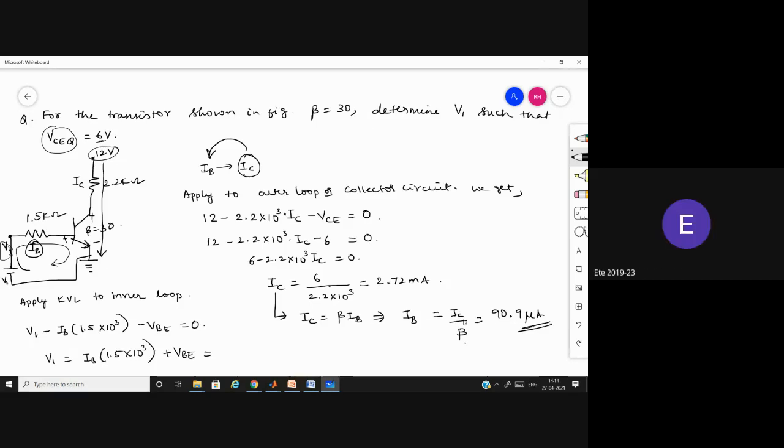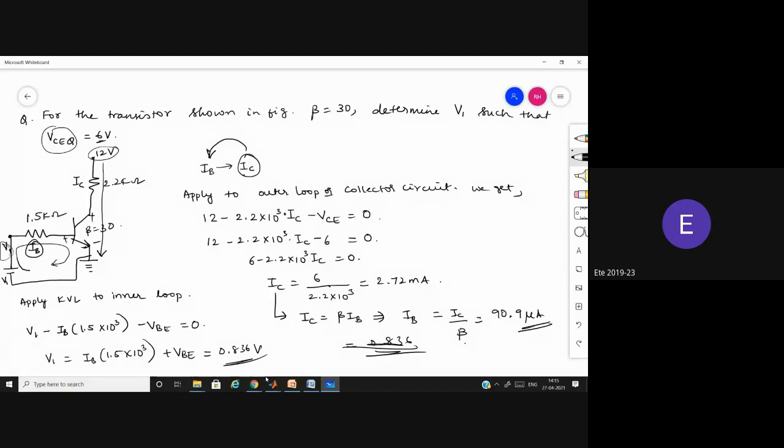How much have I given? 1.5. So 0.836, correct. 0.836 volt. So here also VBE will be 0.7, sir.